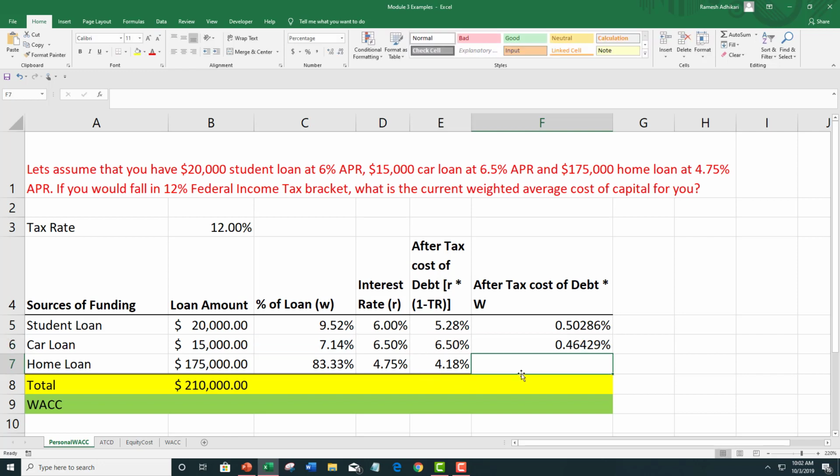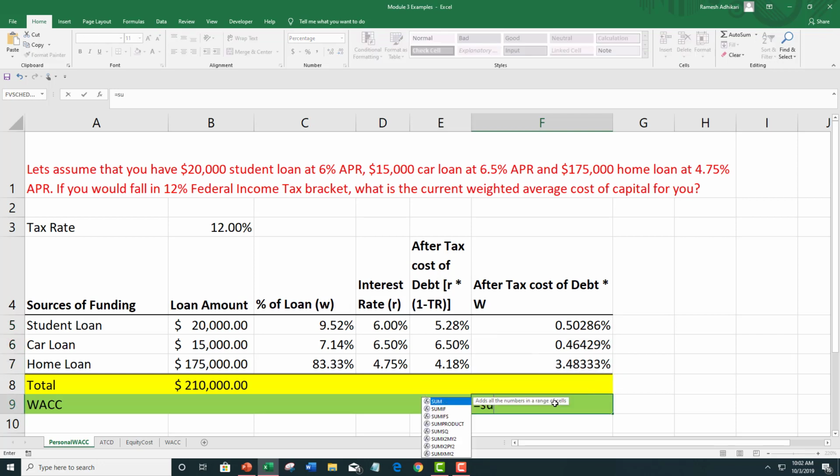And similarly the next one would be weight of the home loan times the after tax cost of home loan. So that is the multiplication, and if you sum this all, right, that would give us the weighted average cost of capital. So this is the way I like to do it, and if you organize information as I have done in this Excel file, then computing WACC becomes more intuitive and simple, and I hope it makes sense.